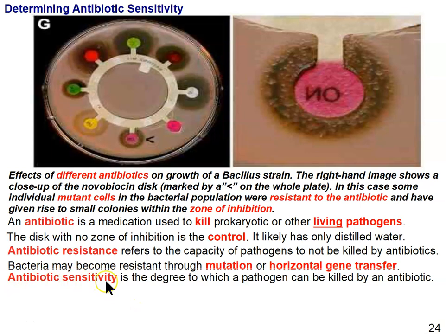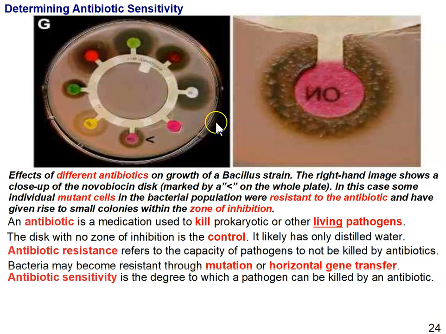Again, the opposite is antibiotic sensitivity, which means the degree to which a pathogen can be killed by an antibiotic. In other words, how sensitive is it to that antibiotic? How well does that antibiotic kill the bacteria? In this scenario, the ones with the largest zones of inhibition show that this bacteria is sensitive to those antibiotics.